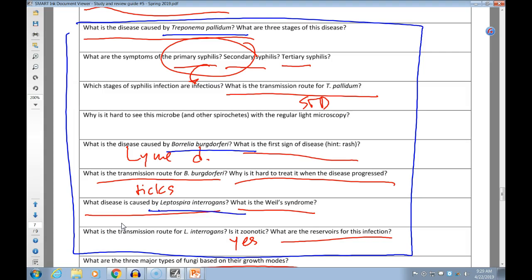They are not gram-positive, they are not gram-negative, they are diderm spirochetes. Am I clear? They're at the very end of that PowerPoint, so just remember, they're diderm spirochetes. Good?